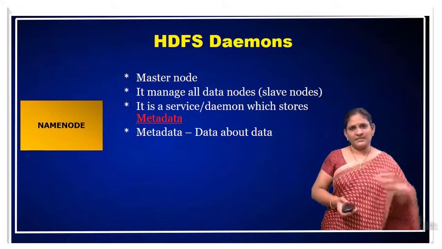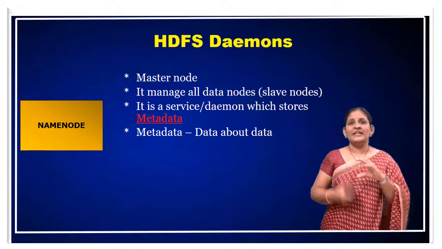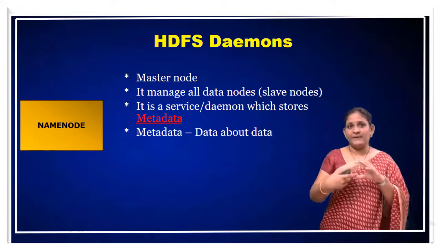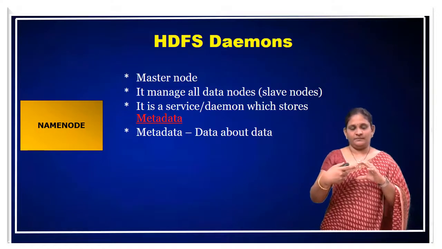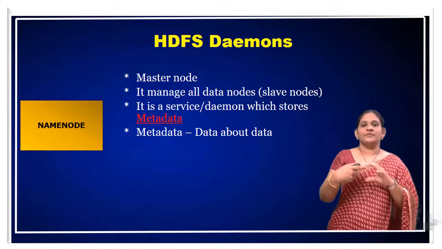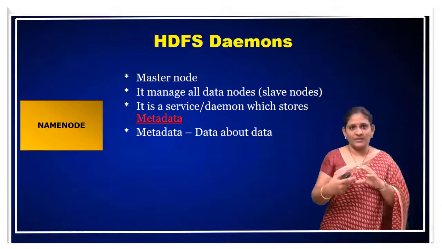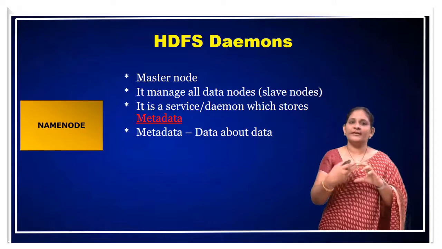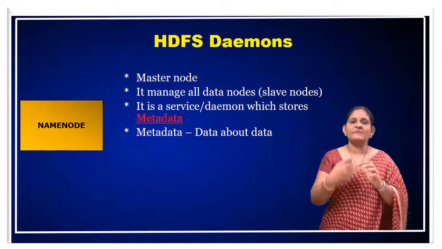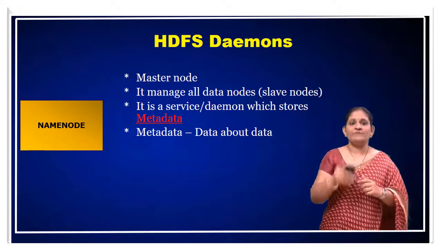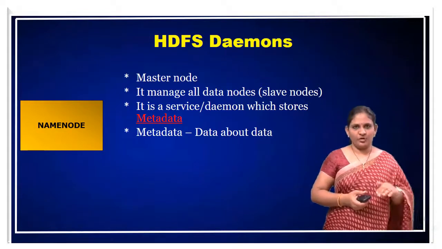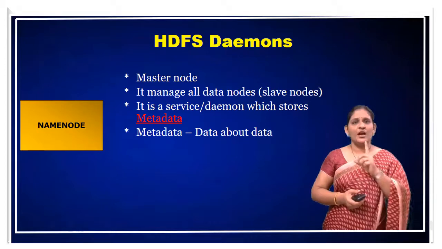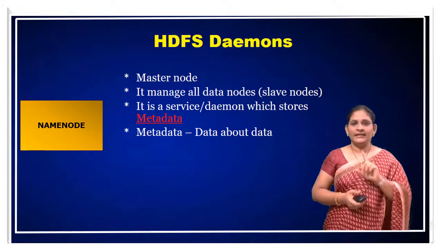The file we are speaking of, that 100 TB file, is split. That file will be divided into blocks, and each block will be stored in one data node. We divide the 100 TB of data into blocks, and each block will be stored in one slave machine, that is, in one data node.